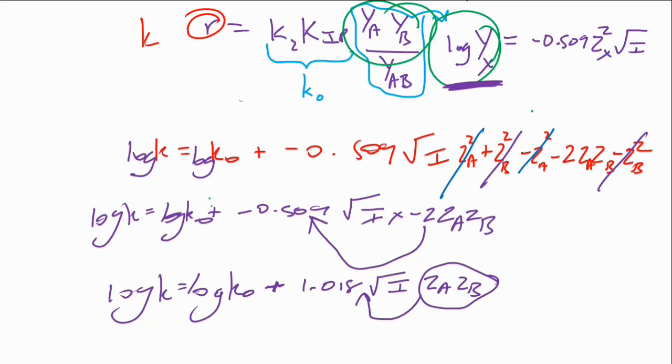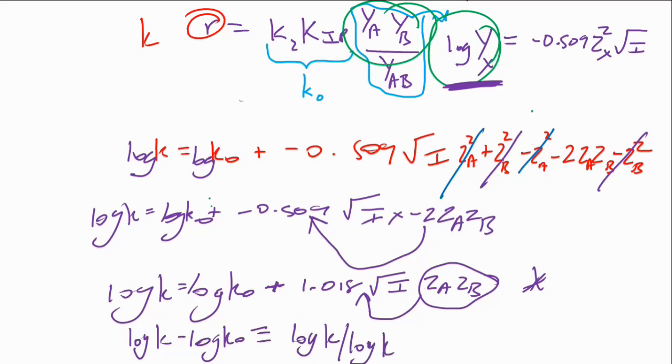So you could use this expression as is, or you could rearrange it a little bit and say log k minus log k naught, which is the same thing. That is equivalent to saying log k over log k naught, which is the same as writing log k over k naught is equal to 1.018.